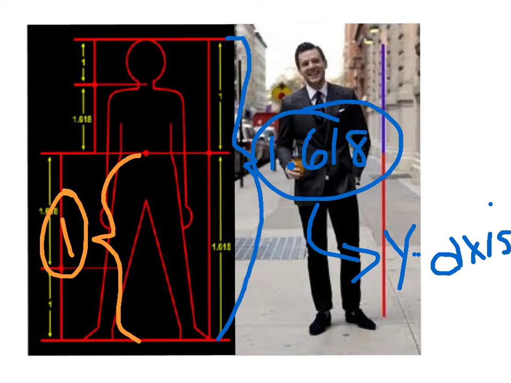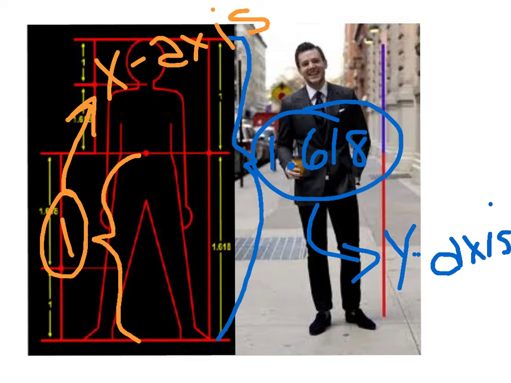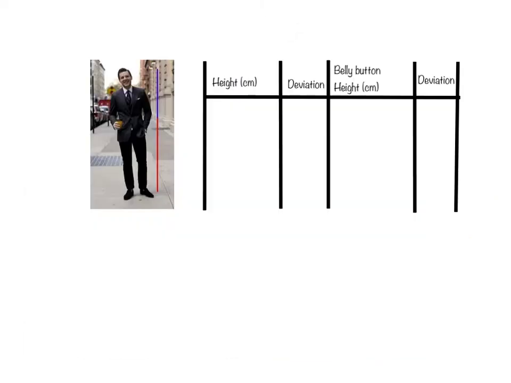Of course, on the x-axis. So make sure that when you set up your data table, you set it up with the height for the y-axis depending on the height of the belly button as your x-axis. So this is your independent variable from here to here, and this is your dependent variable, the entire height.